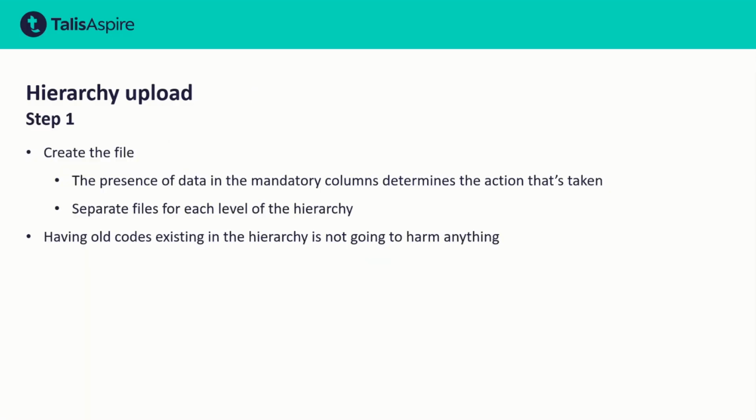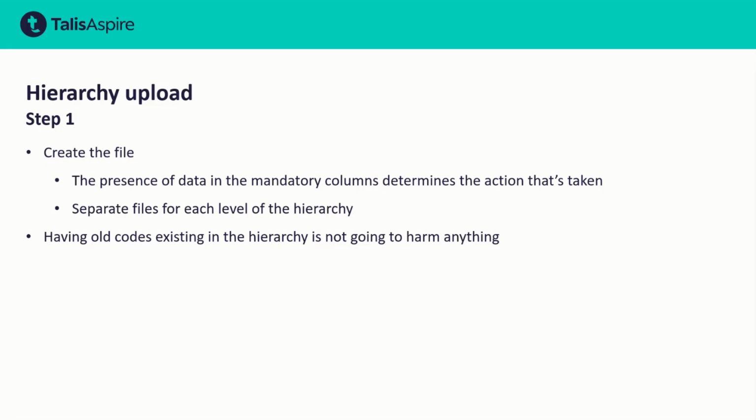So just to go through that again, step by step, we're creating the file. The presence of the data that's in those columns is going to determine the action that's taken. Again, thinking back to that hierarchy in one slide, separate files for each level of the hierarchy, and we're working from the top down. Having old codes that exist in the hierarchy isn't going to cause you any issues. It's not something you need to worry about.